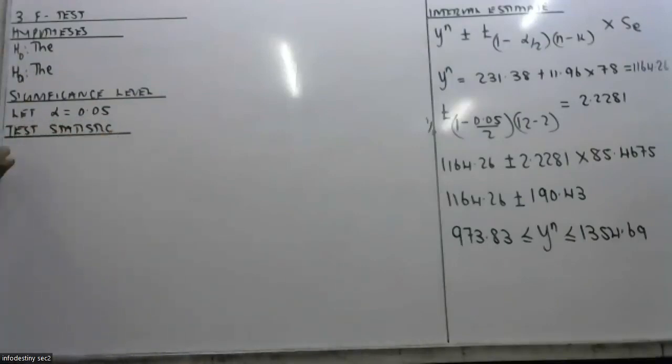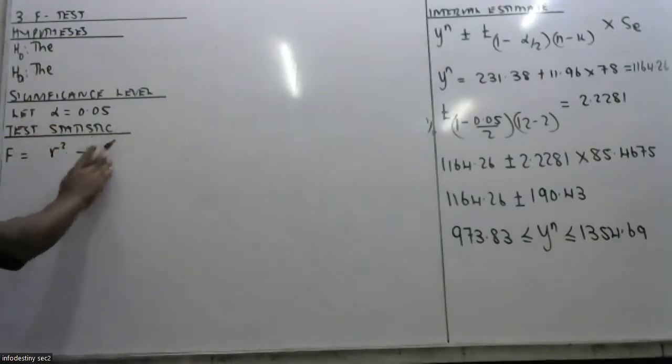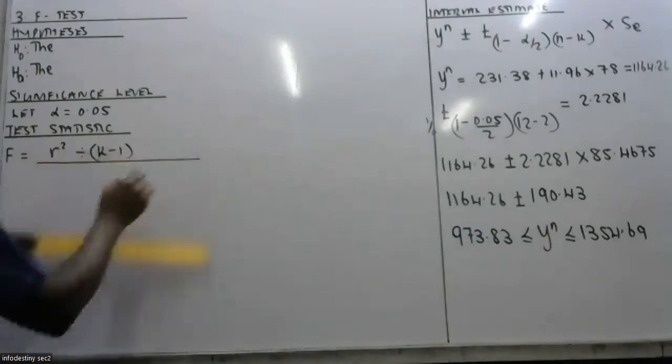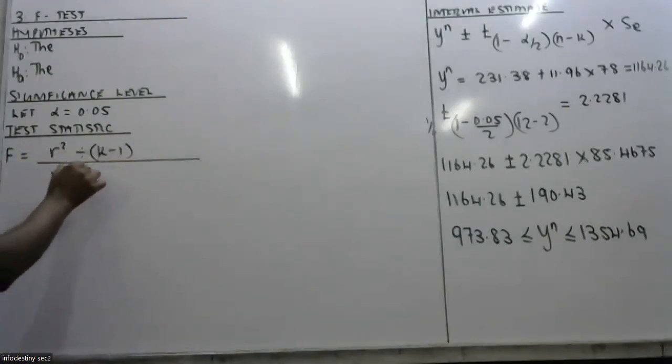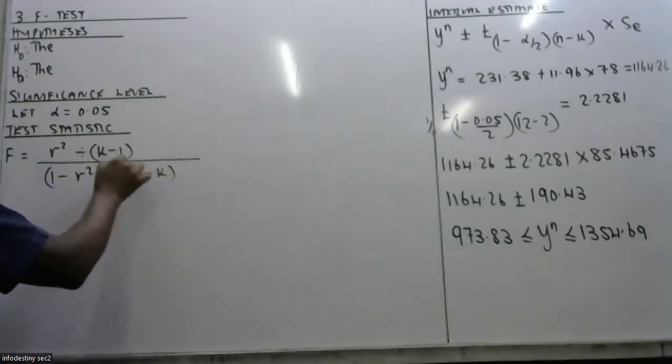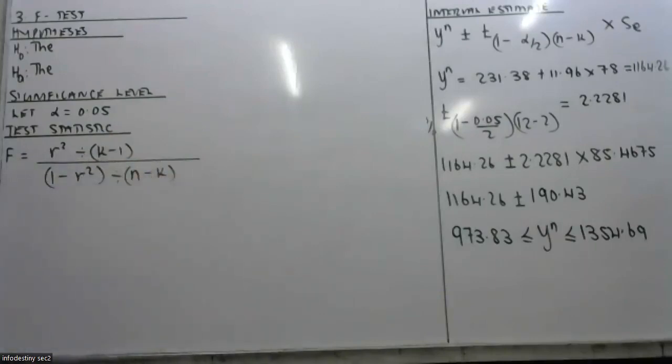Now, test statistic F is given as R squared divided by K minus 1, over 1 minus R squared divided by N minus K.